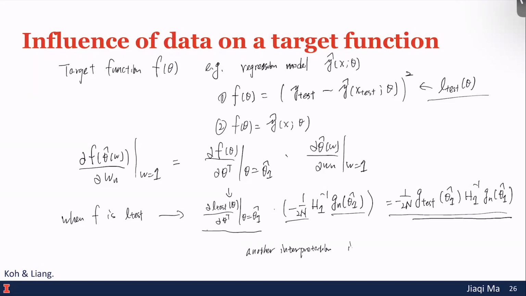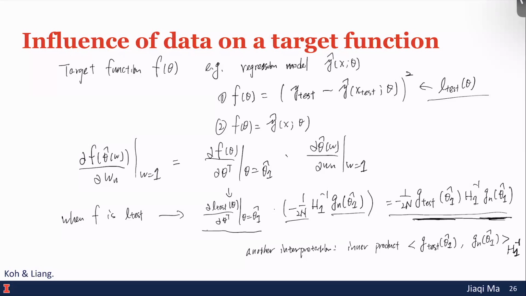So we have an inner product over G test and Gn, with the kernel H1 inverse, right? So you can view this as measuring a similarity between the test data point we're interested in and a training data point n.